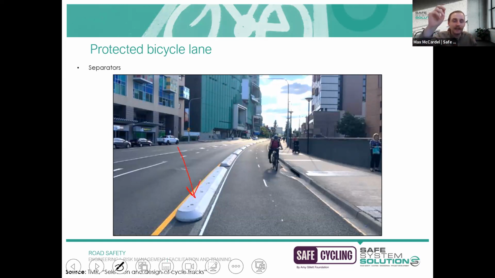These type of treatments are quite good in that they are bolt down type of concrete curbs, meaning if you weren't 100% sure if this infrastructure is going to be accepted by the community, you could roll this out as a trial and suggest that we're just going to give this a go for a period.